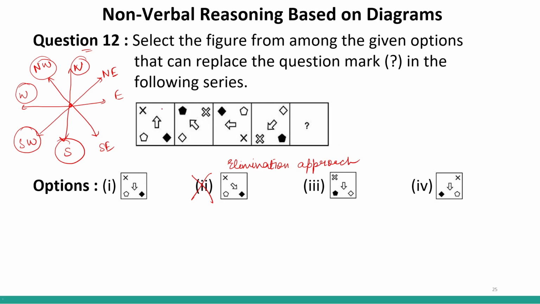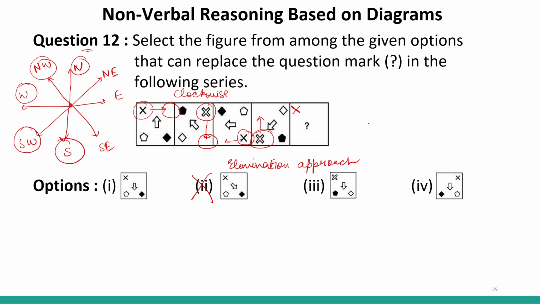Now, if I look at the cross, I can see this cross is filled. Then it went over here, clockwise direction. Then from here it went over here, clockwise direction, and it again got shaded. Then it went over here. Okay, so now it will go over here and it will be shaded.